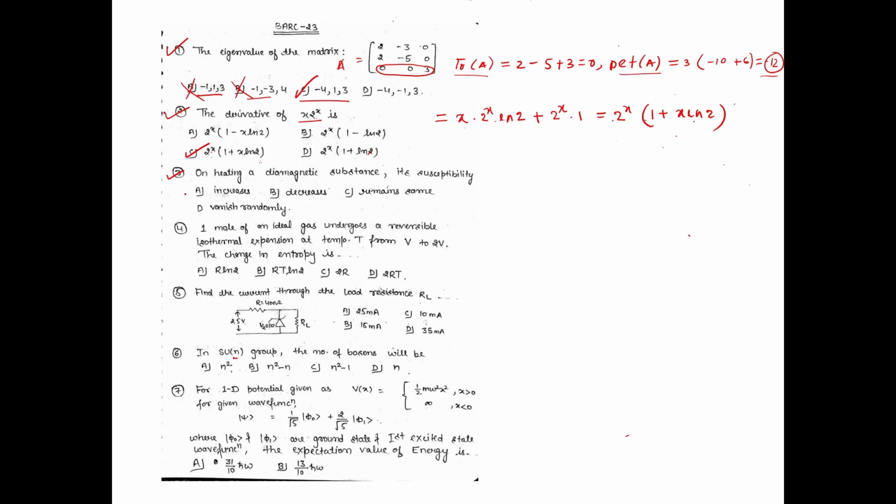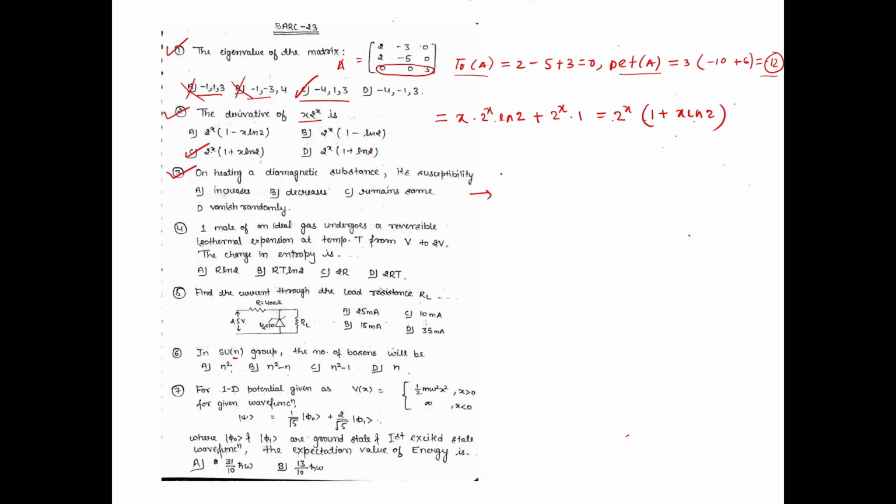Now the next question: on heating a diamagnetic substance, its susceptibility will be. Basically, a diamagnetic substance has zero magnetic moment, and therefore there are no permanent magnetic dipoles.